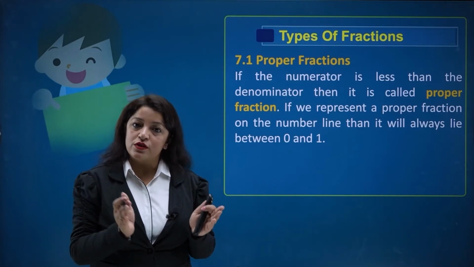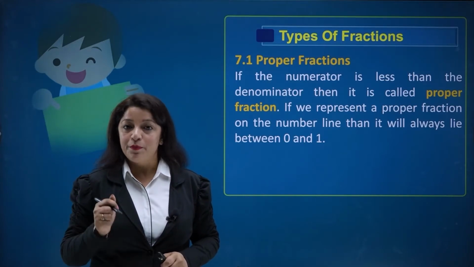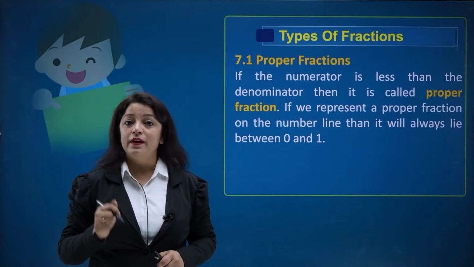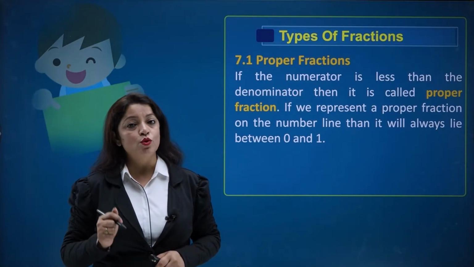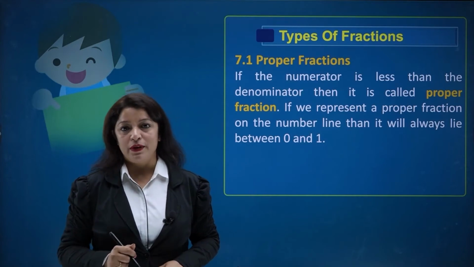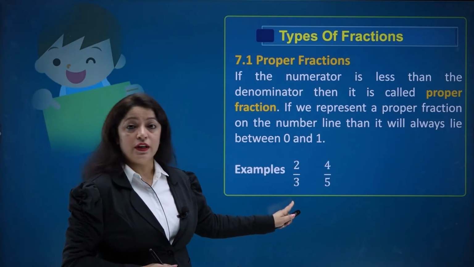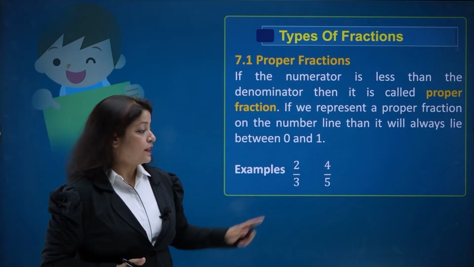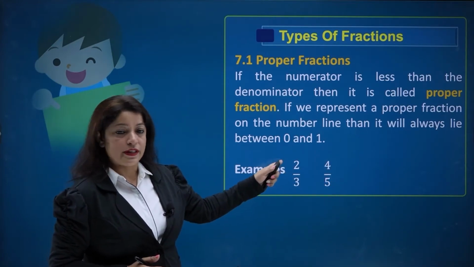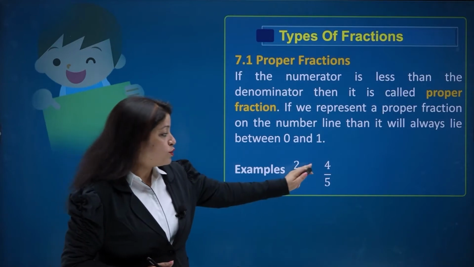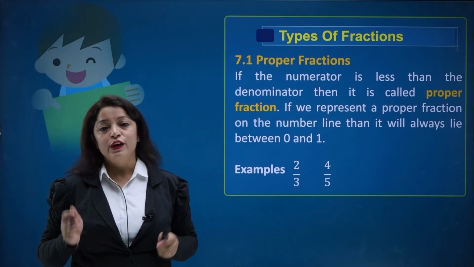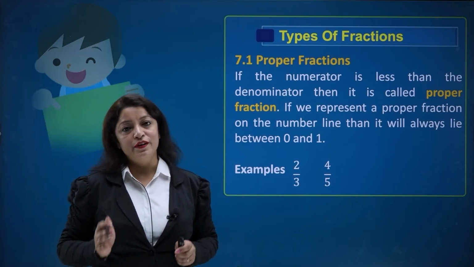So a fraction which is smaller than 1 will be called a proper fraction. And remember, in a proper fraction, the numerator is always less than the denominator. For example, we can say 2 over 3, 4 over 5. You can see in this the numerator 2 is smaller than 3. Also 4 is less than 5. So this is a proper fraction.